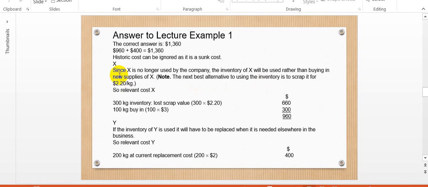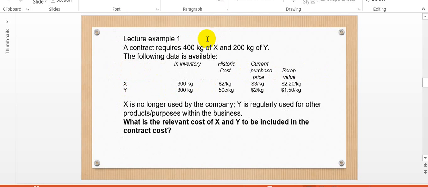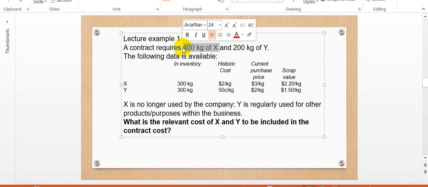We start with X. Since X is no longer used by the company, the inventory of X will be used rather than buying new ones. This contract requires 400 kgs of X, but in inventory there's only 300 kgs.